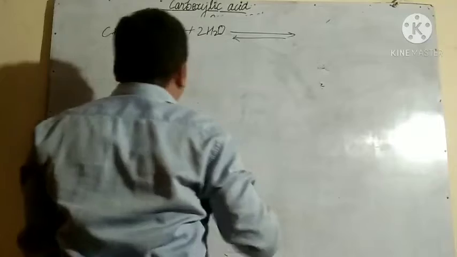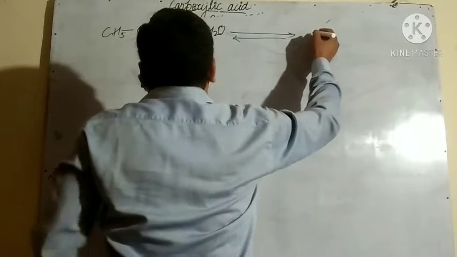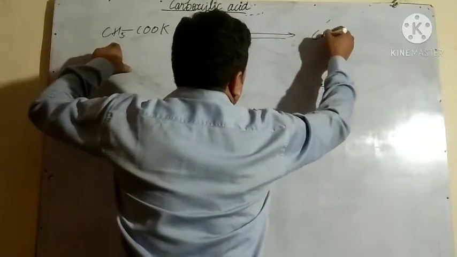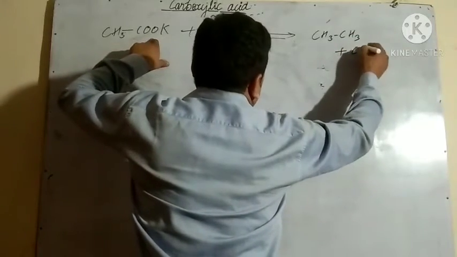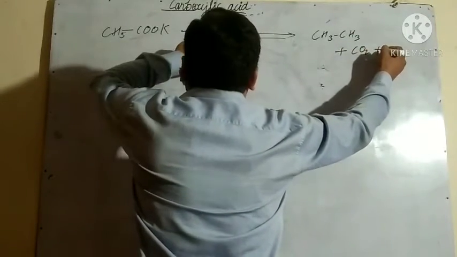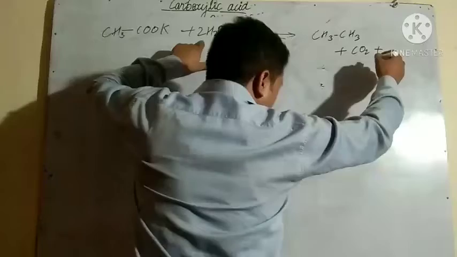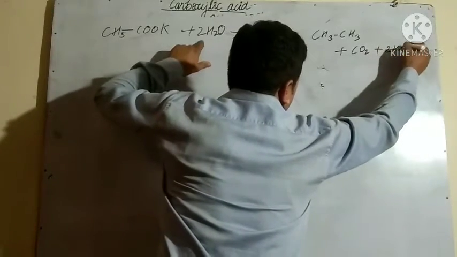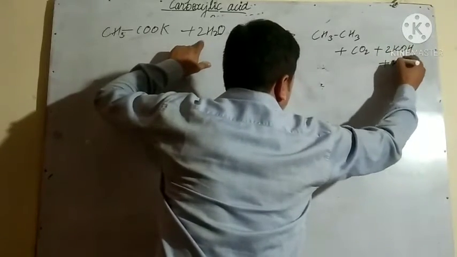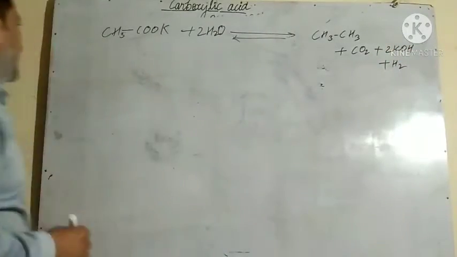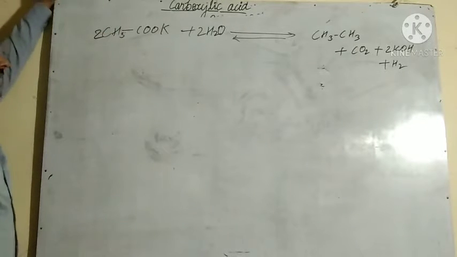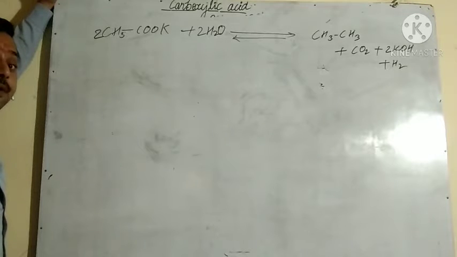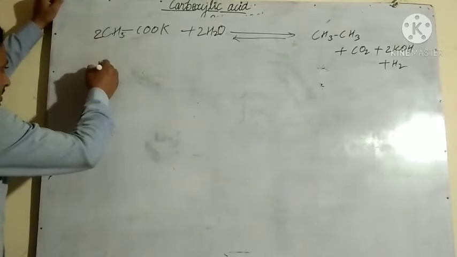It gives an alkane, and this process is called the Kolbe process. In class 11th you have already discussed this method in the preparation of hydrocarbons. So remember that this is the Kolbe method.